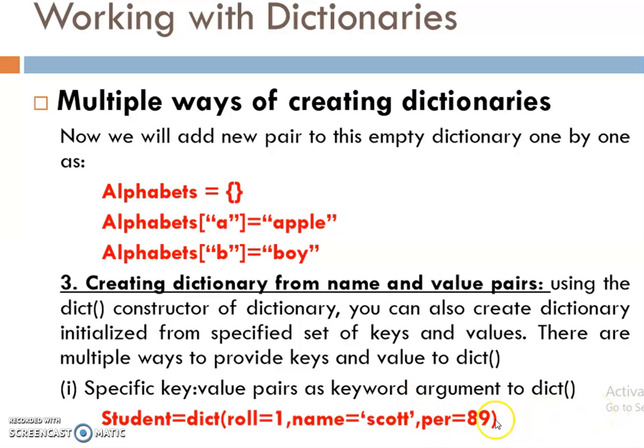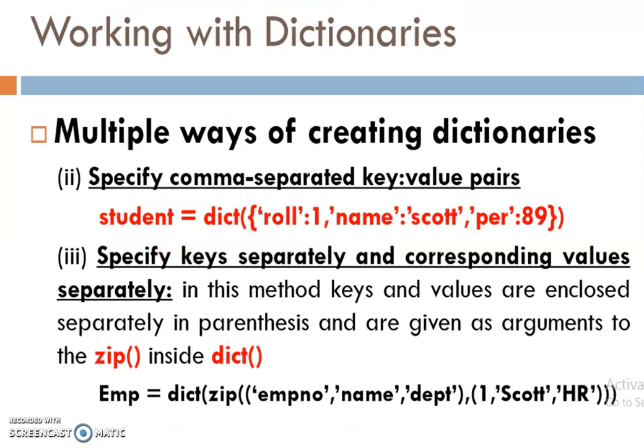Here student is equal to dict(roll=1, name=..., score=89). Next one, specify comma separated key value pairs. Here student is equal to dict, with roll 1, name, score, PER 89.